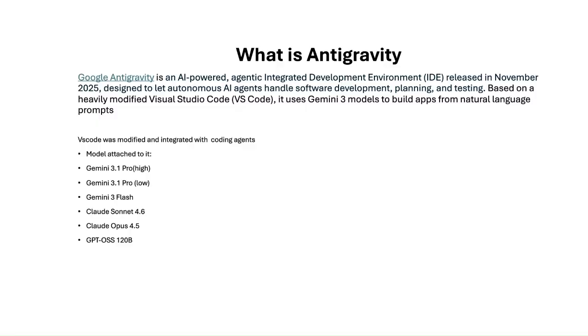So, Antigravity is a very robust software development environment. Just as I mentioned earlier, Google Antigravity is an agentic integrated development environment that was released November 2025. And this IDE is a modification of VS Code, in which we have the free version and the paid version.